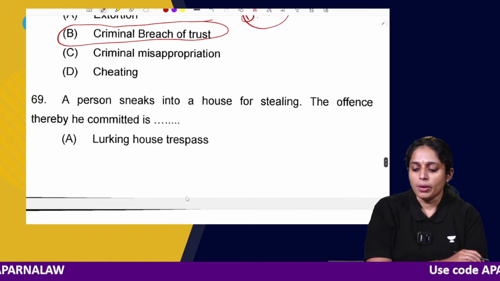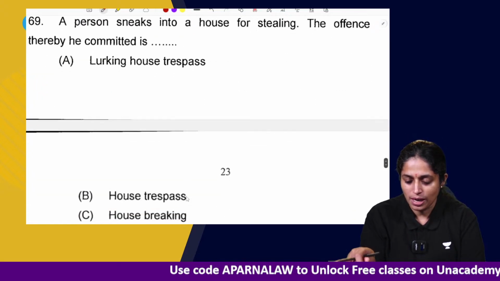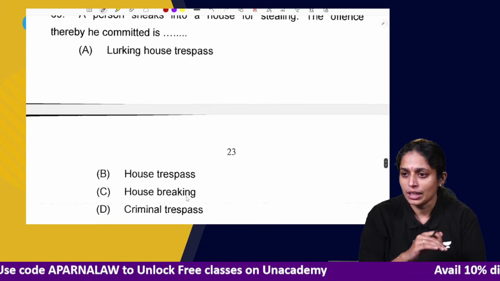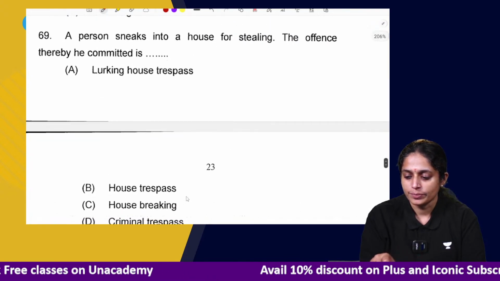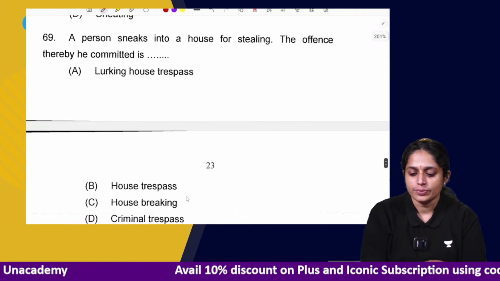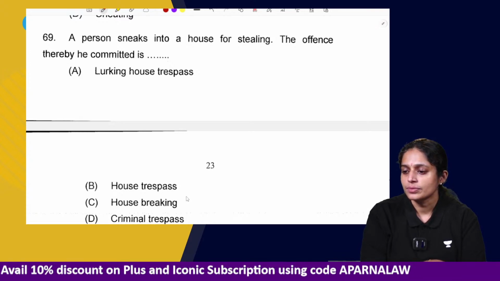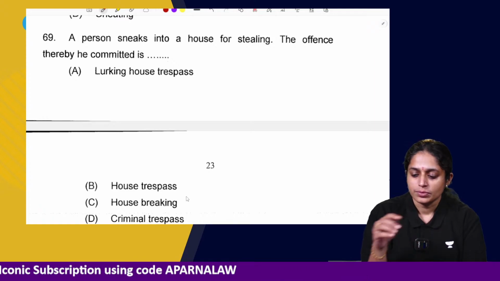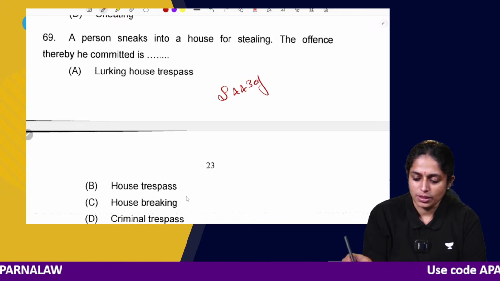Sixty-ninth question. A person sneaks into a house for stealing. The offence thereby he committed is A. Lurking house trespass, B. House trespass, C. House breaking, D. Criminal trespass. What is 69? It is section 443 of IPC.